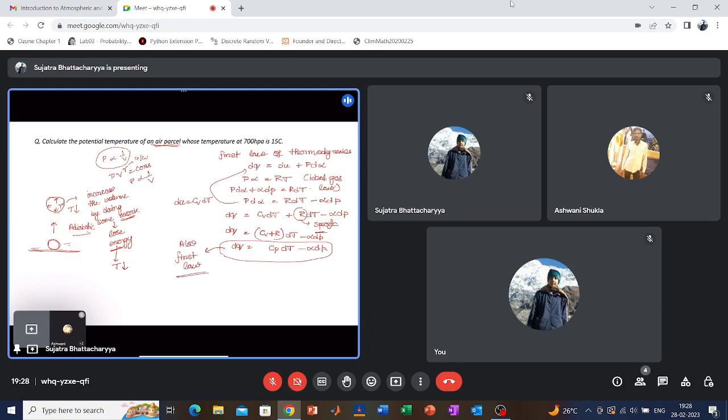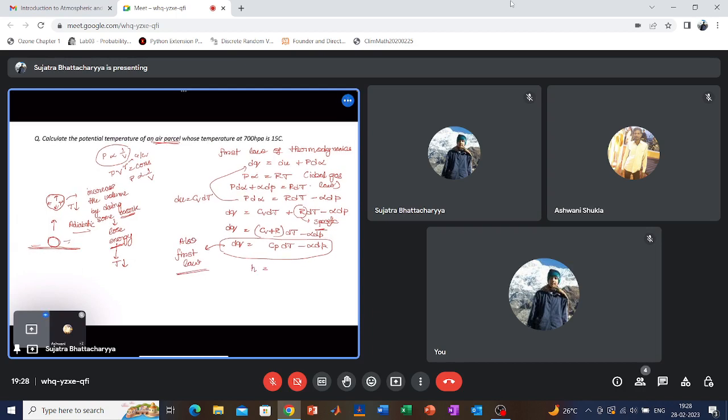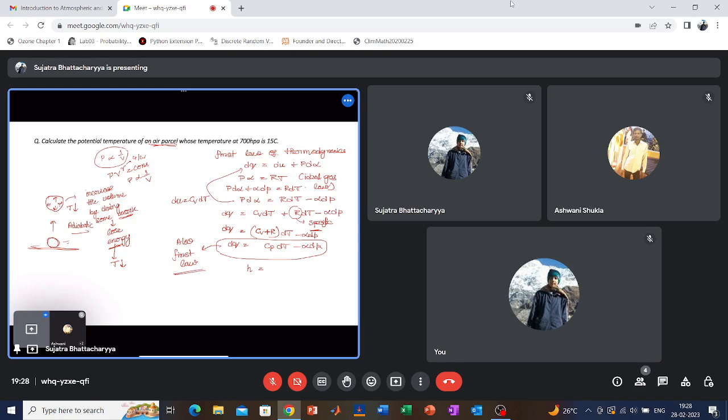Okay, but you remember that H, enthalpy, is U plus P alpha. So dH will be equal to dU plus P d alpha plus alpha dP. Now dU can be written as T d phi, where phi is entropy, minus P d alpha, plus P d alpha plus alpha dP. This is dH.